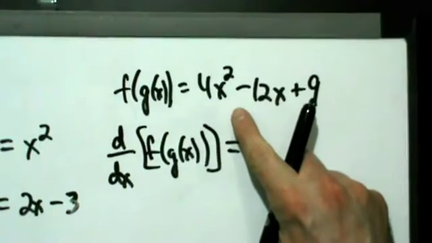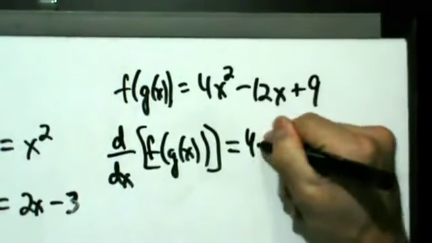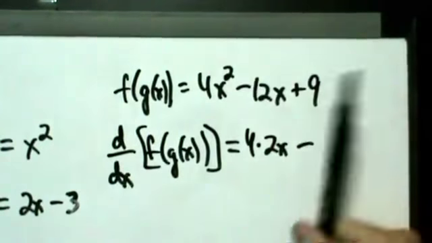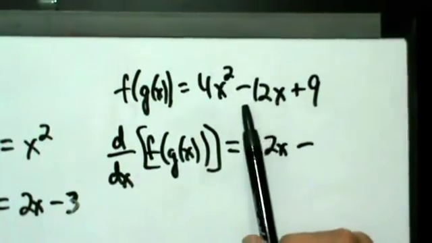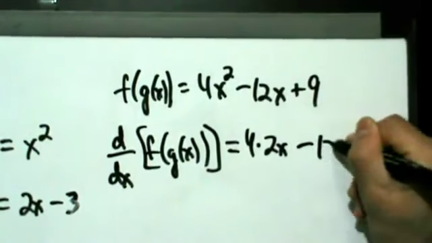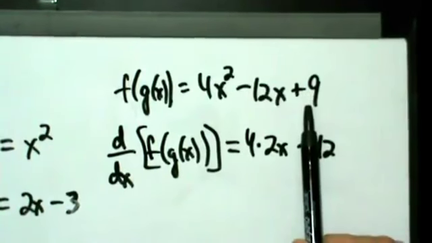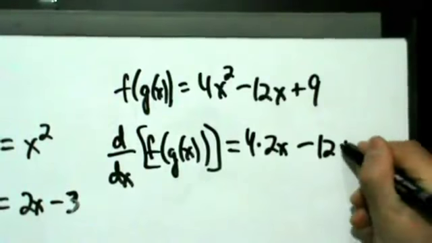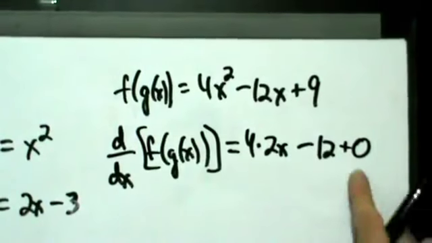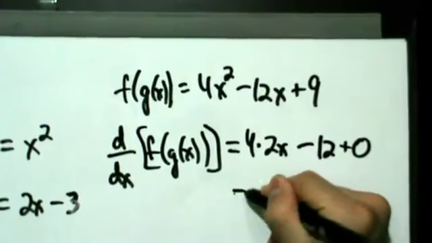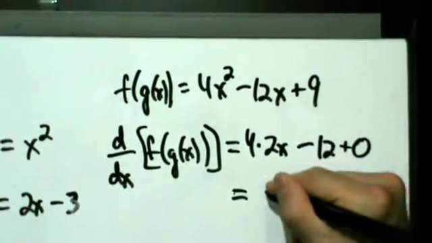Well, 4x squared, the derivative of that is going to be 4 times 2x. And then the second term is minus 12x, so the derivative of that is just minus 12. And then plus 9 is just a constant, so its derivative is 0. So we could say plus 0, but there's no point in doing that. So anyway, this simplifies to 8x minus 12.